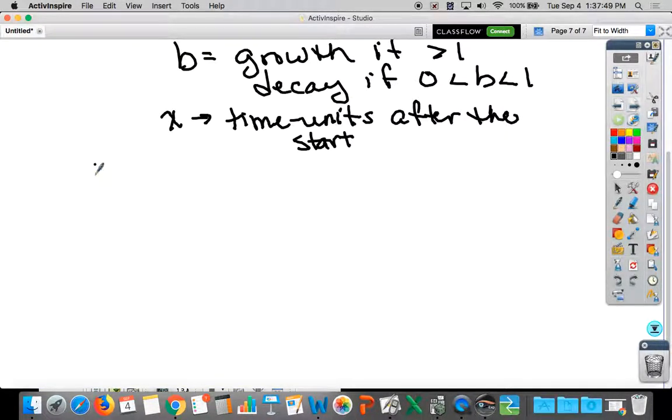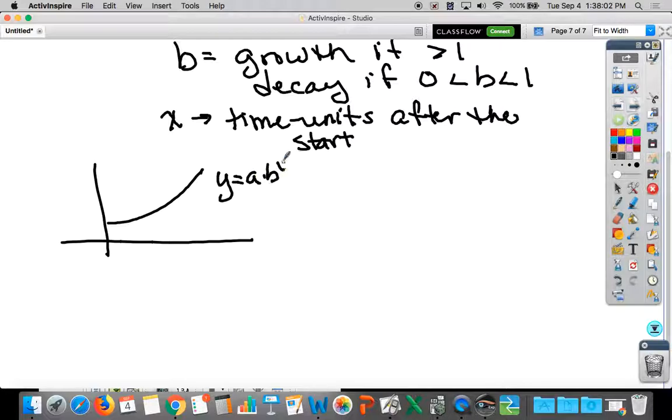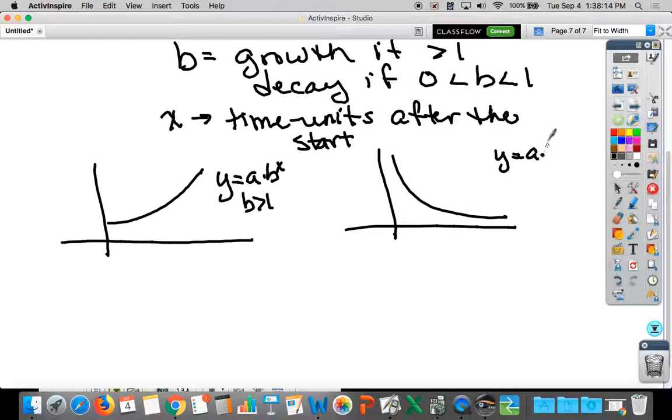Okay, so obviously if you've got a graph, if you're looking at the bottom of page 30, this would be growth. Your B is greater than 1, and this would be decay, where B is less than 1.